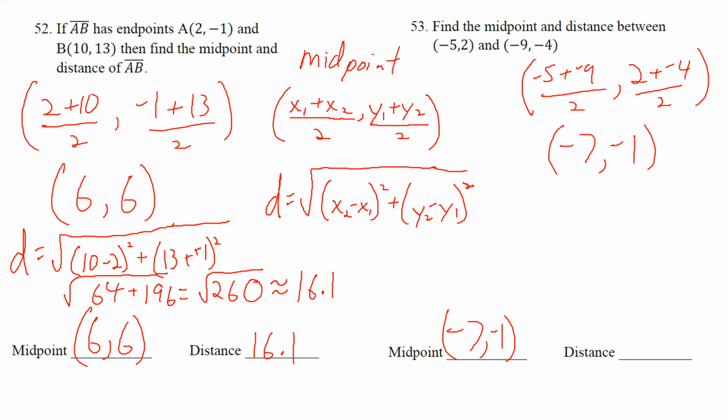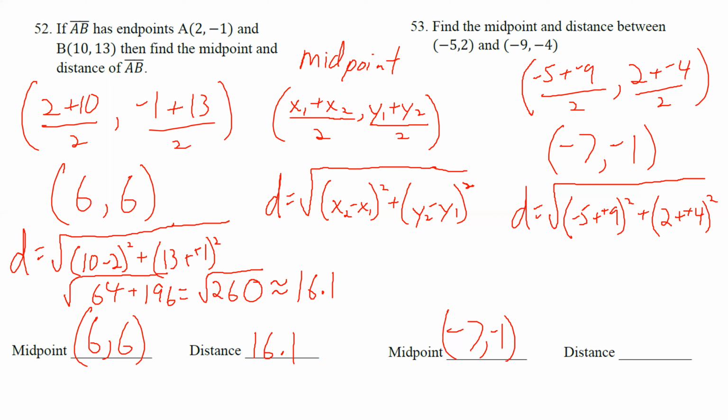Then on the distance formula, distance equals square root of, again, we're doing the difference of the x values. So -5 minus -9 squared plus 2 minus -4 squared. In each case here, we have minus and negative, so this becomes adding a positive.